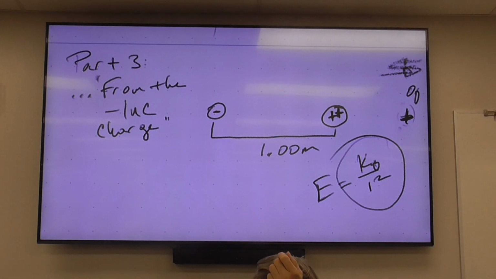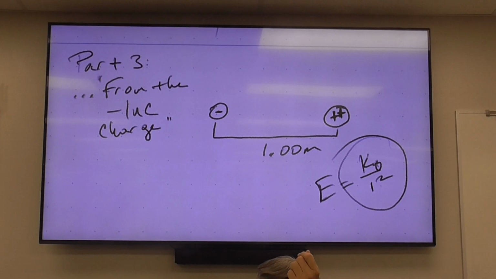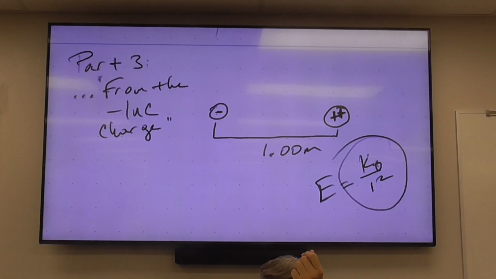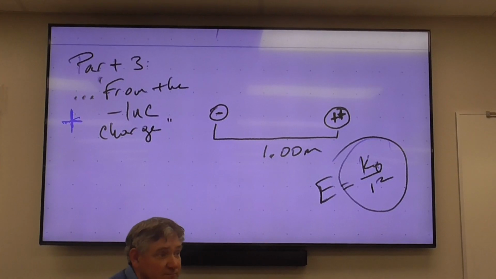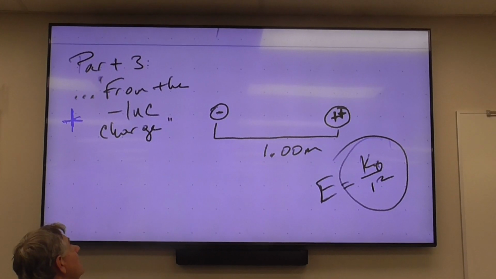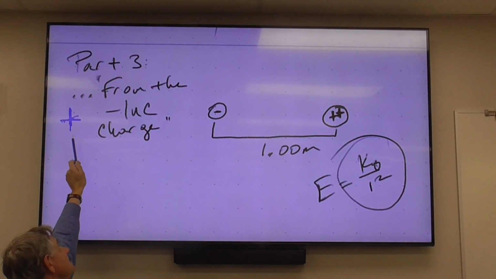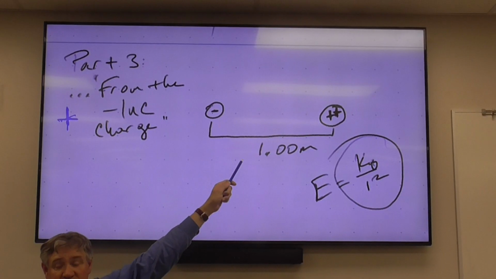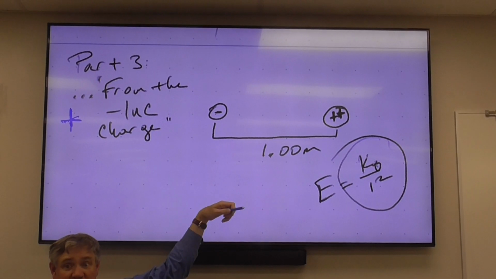But what if I do this? What if I put a positive test charge somewhere out here? What's it going to feel relative to that closer negative charge? Repulsion or attraction?